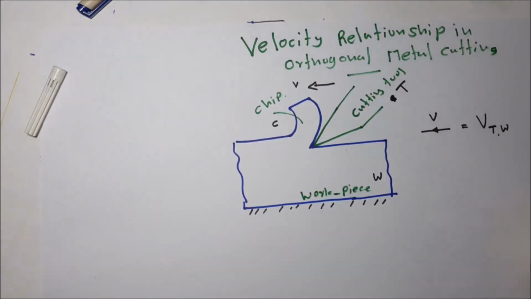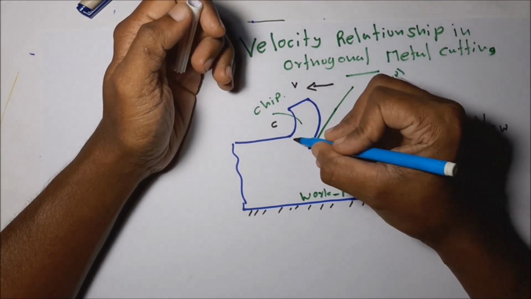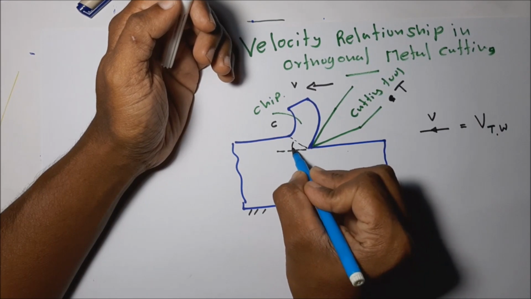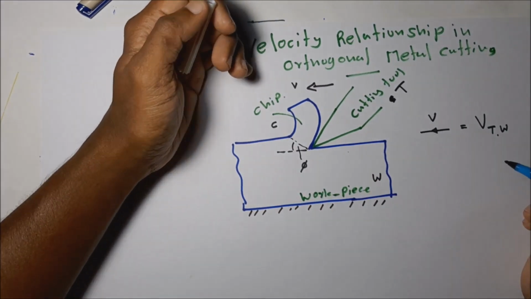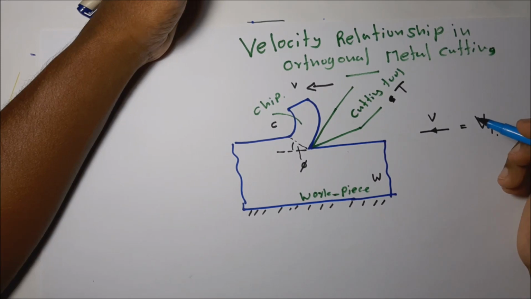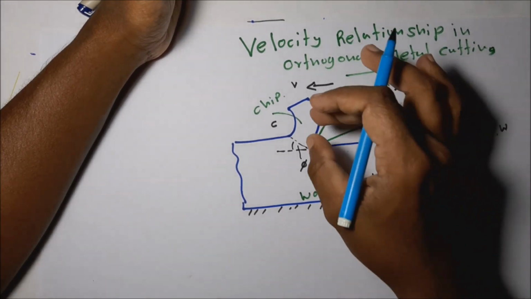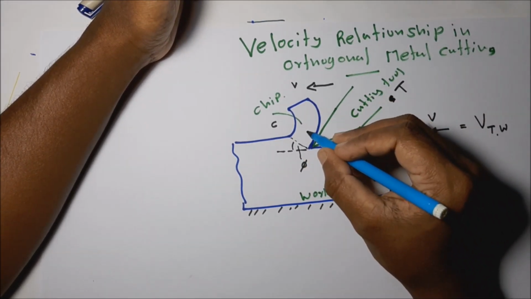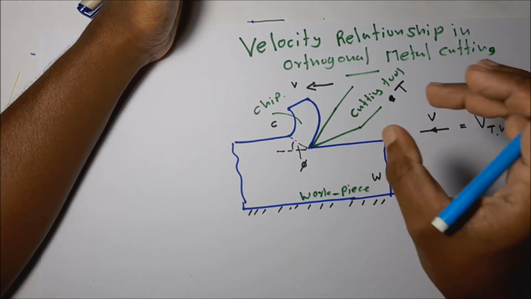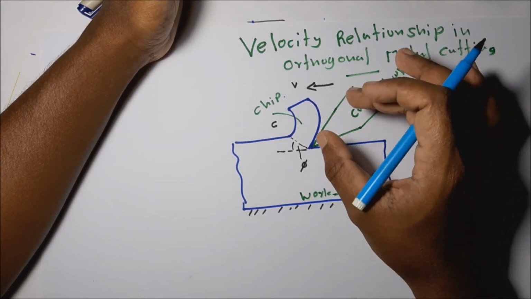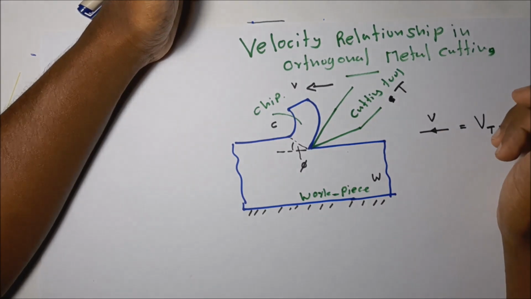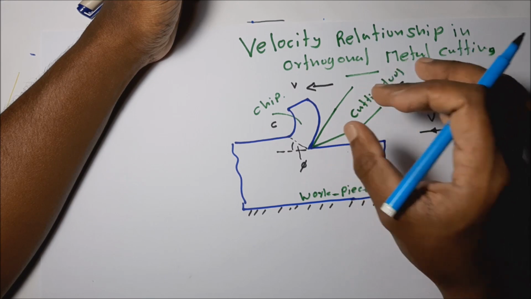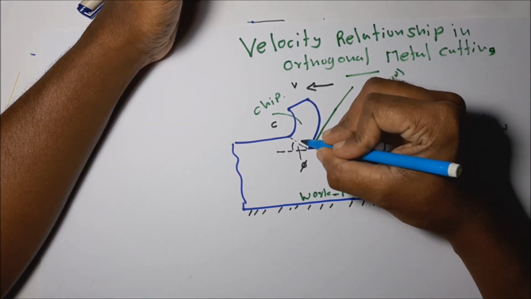Then I will draw the shear plane also. This is the shear plane. This angle is called the shear plane angle, phi. Then you can see the chip. So what is the velocity of the chip with respect to the cutting tool? If the cutting tool is stable, the chip moves along this direction.